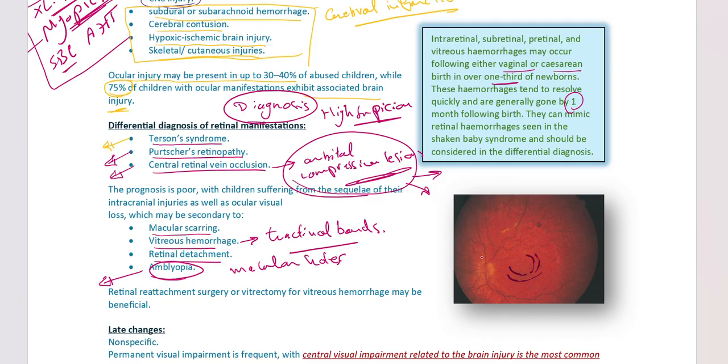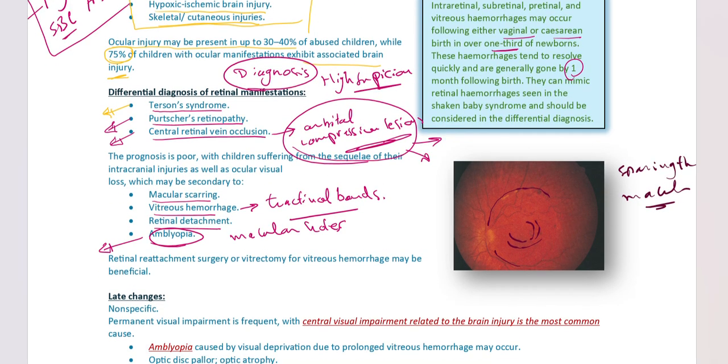In Terson syndrome, there are chorioretinal folds as well, but they are radial, radiating from the optic nerve. And in Terson syndrome, they are extramacular, sparing the macula, in contrast to abusive head trauma, which involves the macula and fovea.